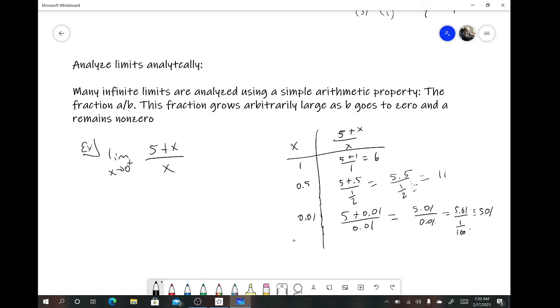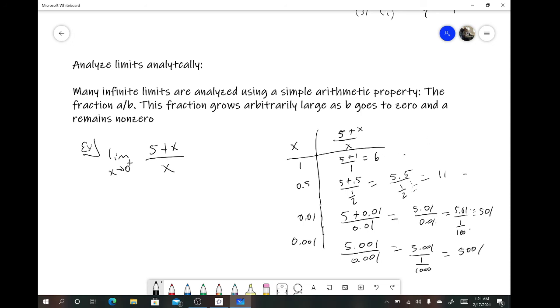Notice that the closer I get to 0, the bigger I'm making the outputs. Now this is going to be 5.001 divided by 1 over 1,000. So it's going to be 5,001 when you compute it.